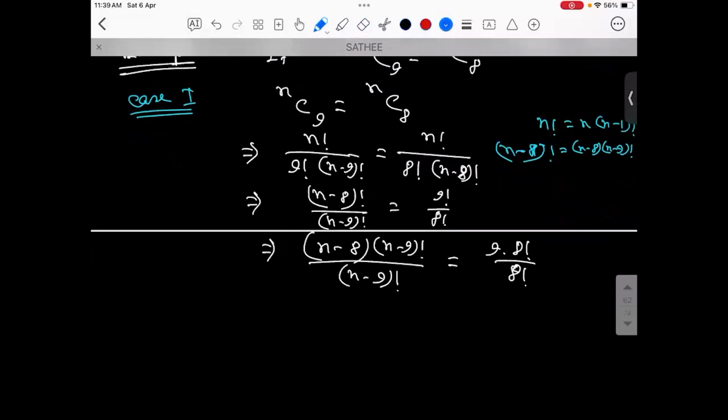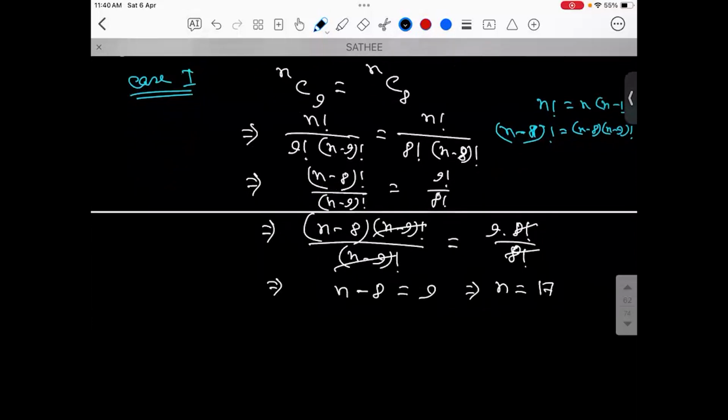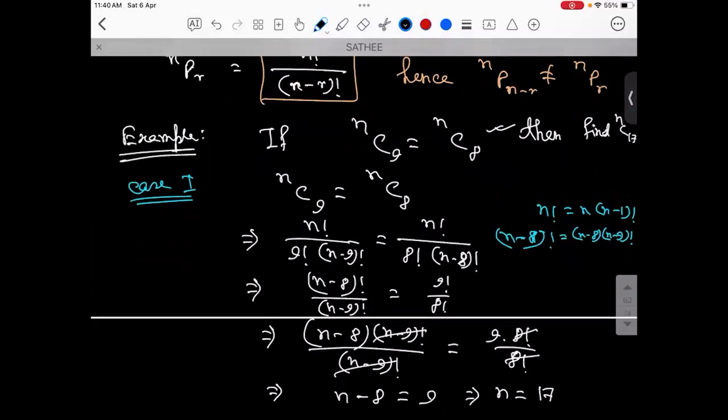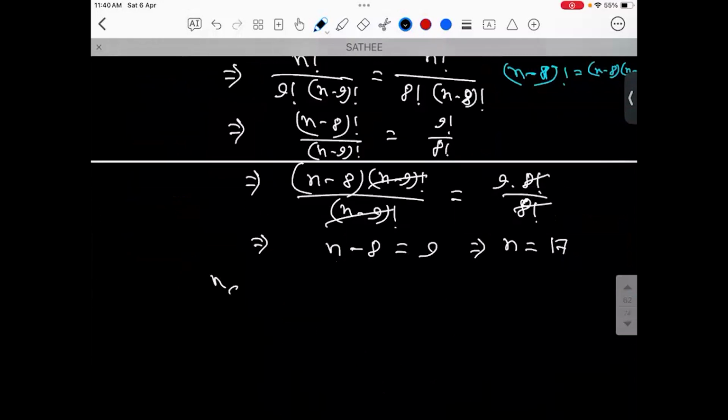Fine. So now we can eliminate these terms. And ultimately we get n minus 8 equals 9, which will give us n equals 17. So by this process, we can find n equals 17. And from here, if I put the value of n equals 17 in the required answer, we will get nC17.